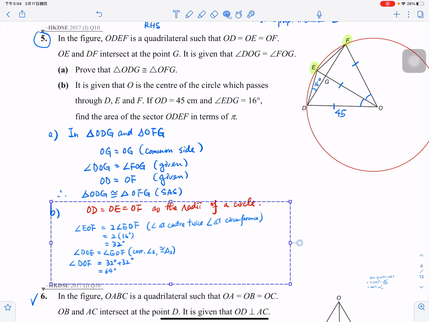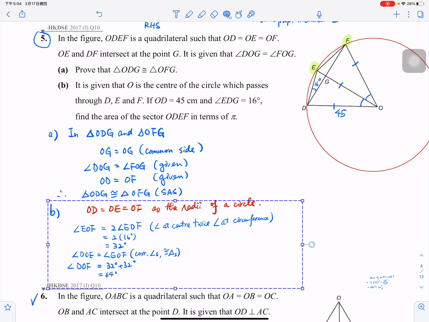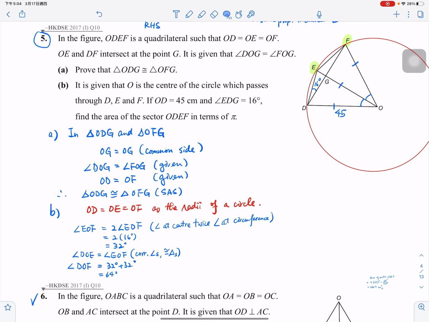So you see that here, EOF is actually 2 times EDF. Angle at center is twice the angle at circumference, right? So 2 times 16 degrees is 32. And then DOE is actually the same as EOF because they are corresponding angles of the congruent triangles. So the angle that we need to find is DOF, 2 times 32, so 64 degrees, right?